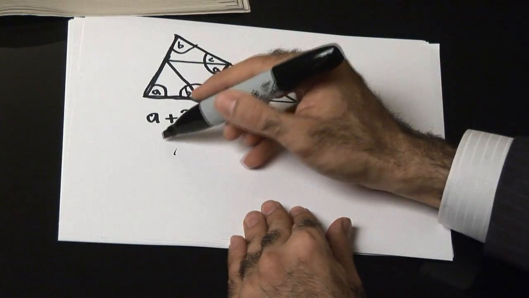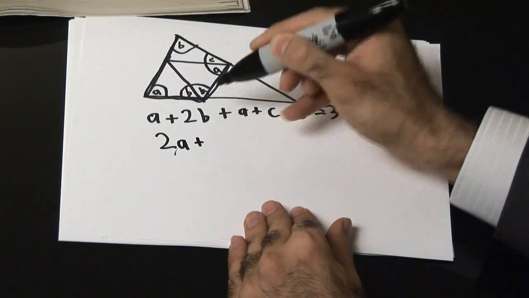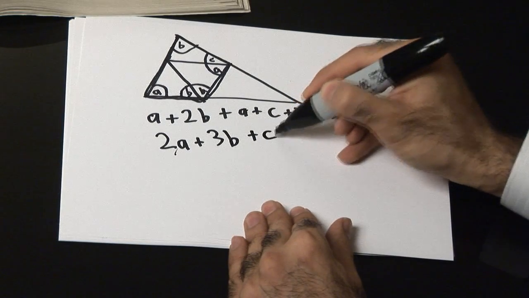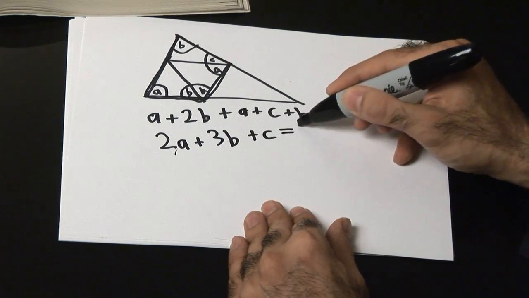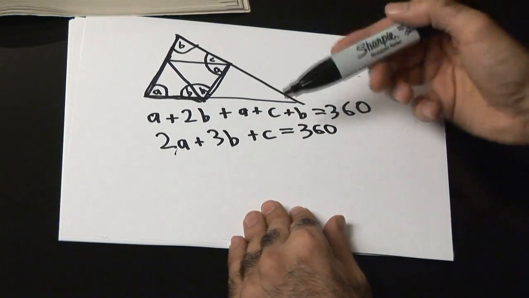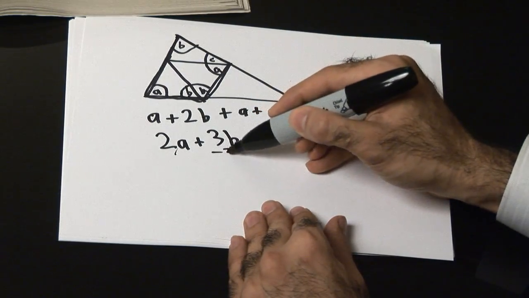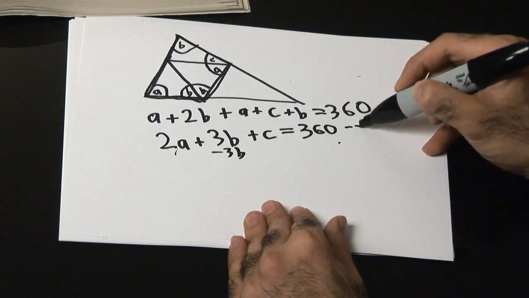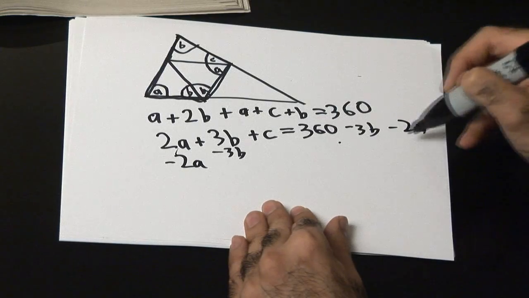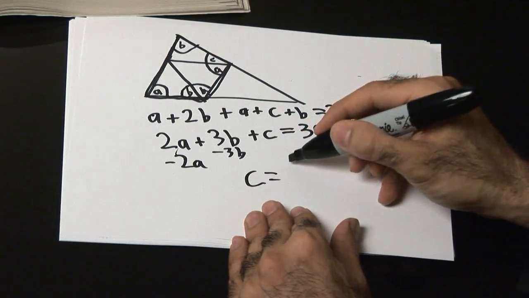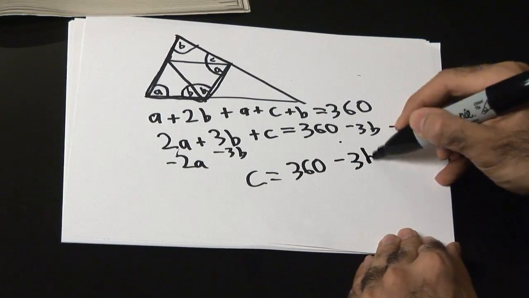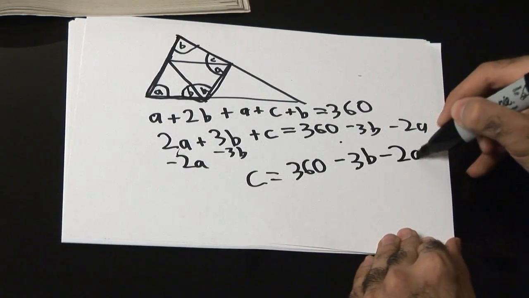We have two A's over here, we get 2A plus 2B and one more B, plus 3B plus C equals 360. And we just need to solve for C. See, it's super easy at this point. We just subtract 3B from both sides. Minus 3B, minus 2A and minus 2A, and we get that C equals 360 minus 3B minus 2A.